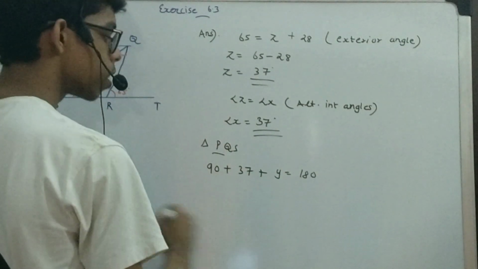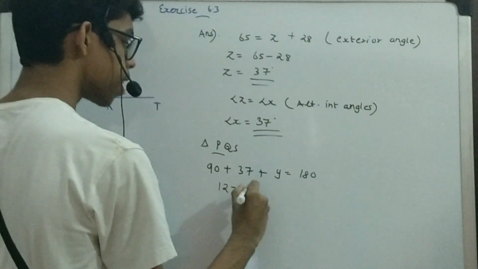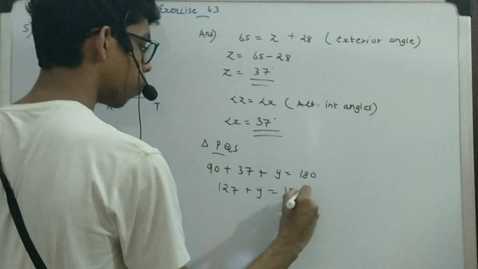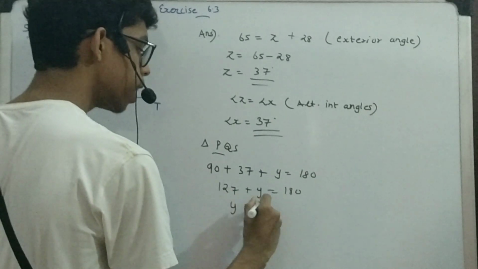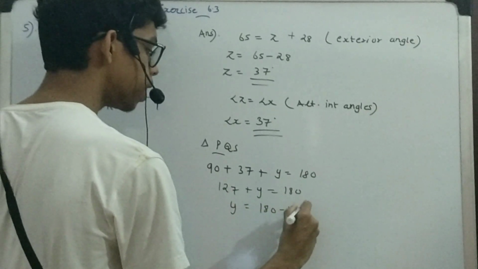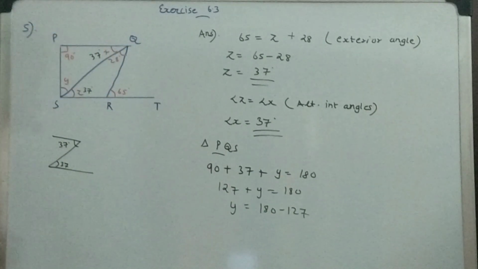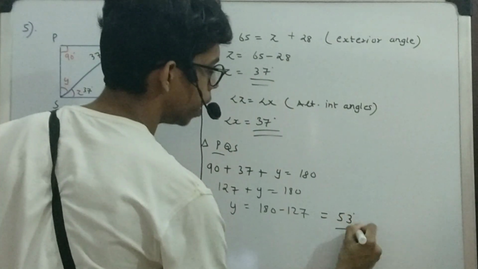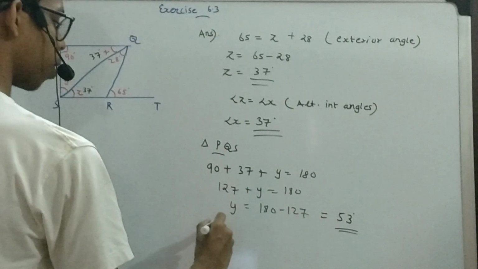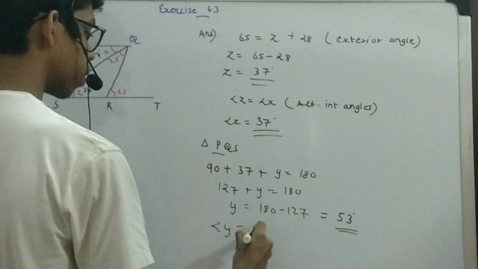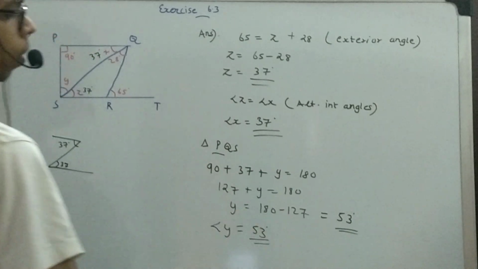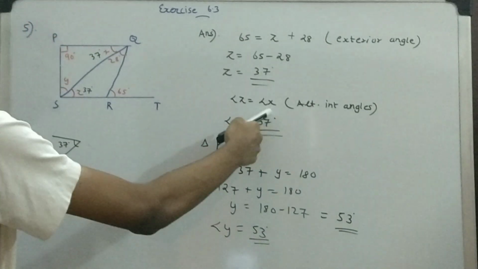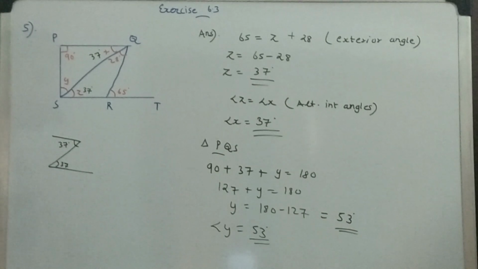So 90 plus 37 is 127 plus y is equal to 180. So y is equal to 180 minus 127, which is 53 degree. Okay, so from here we got angle y is equal to 53. So x we got 37 degree and y we got 53 degree. Okay, so I hope it is clear.